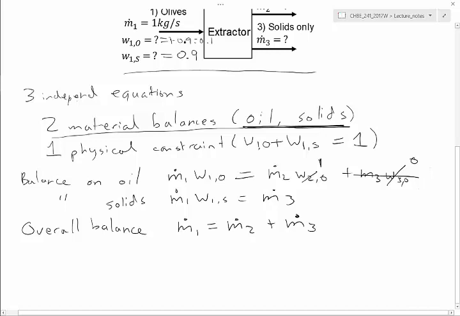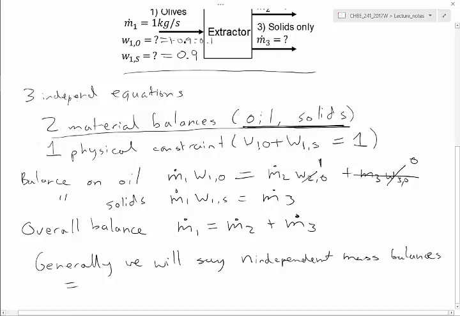And so we can prove this mathematically, but generally in this course we're going to say that our number of independent mass balances is equal to the number of chemical species, or molecular species as we saw above.